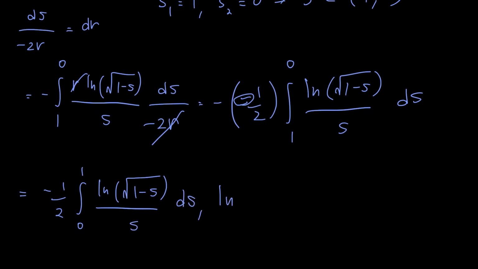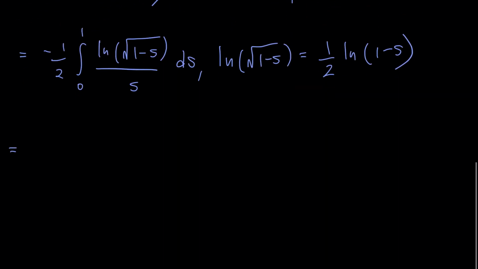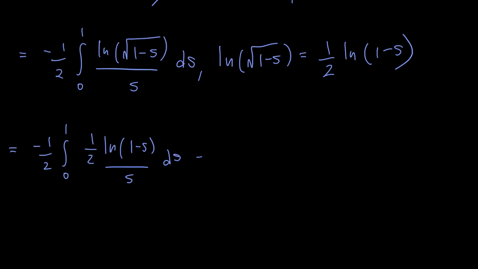With logarithm rules, the natural log of the square root of 1 minus s is 1/2 the natural log of 1 minus s. So this integral becomes negative 1/2, the integral from 0 to 1 of 1/2 log of 1 minus s over s ds. Combining the 1/2s, we have negative 1/4, the integral from 0 to 1 of the natural log of 1 minus s over s ds.